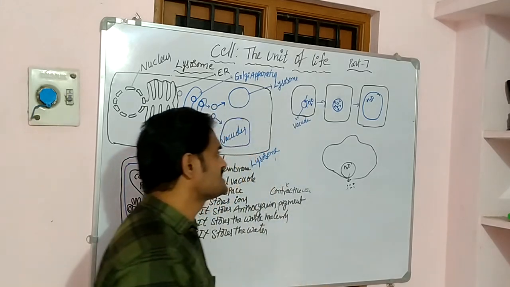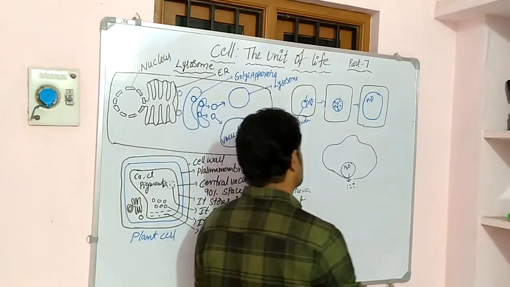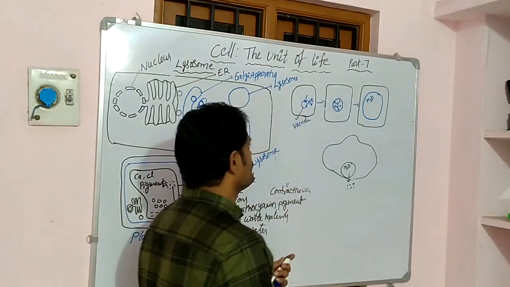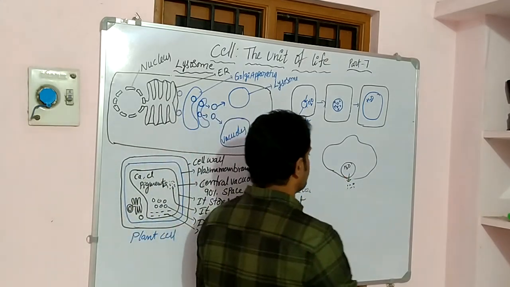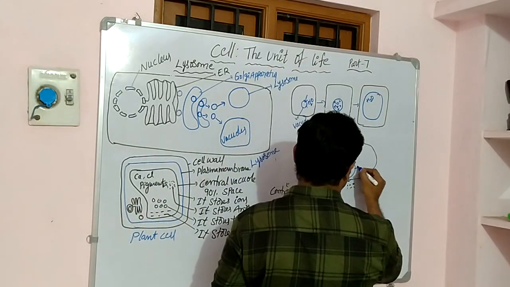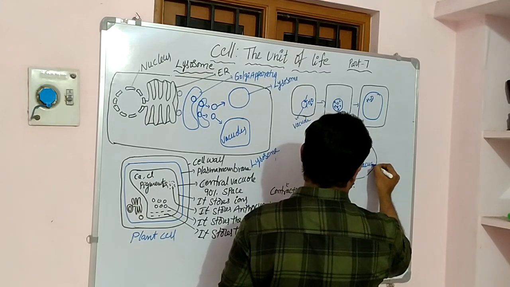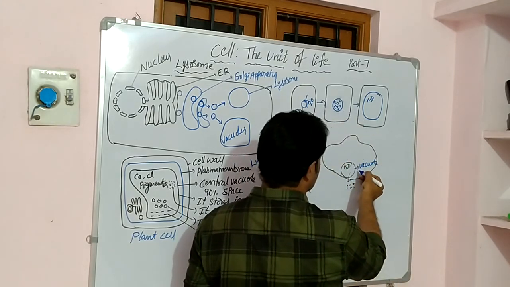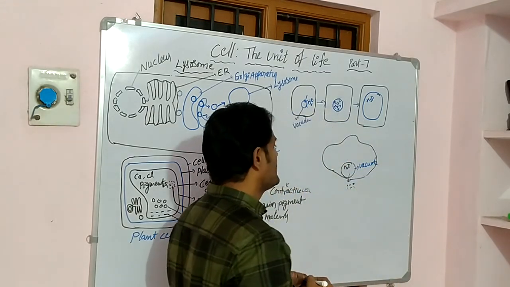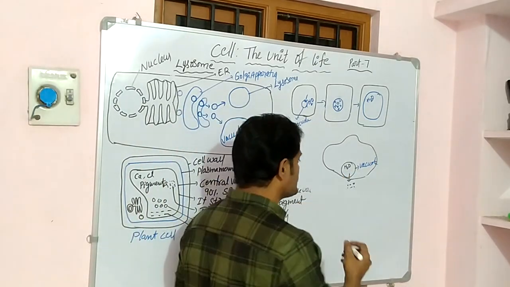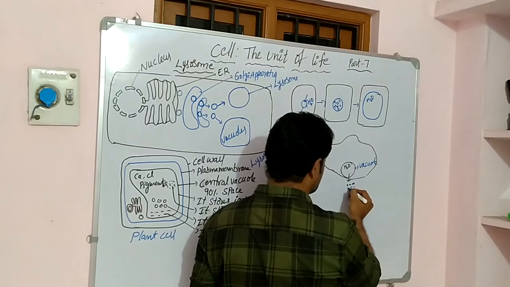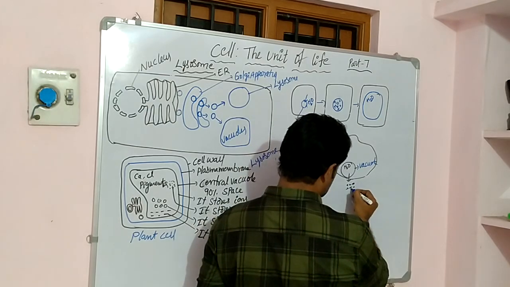This function is carried out by the vacuole. So listen here. Remember the vacuole function: it receives more water, and the extra water present in the vacuole is eliminated from the vacuole to the outside.